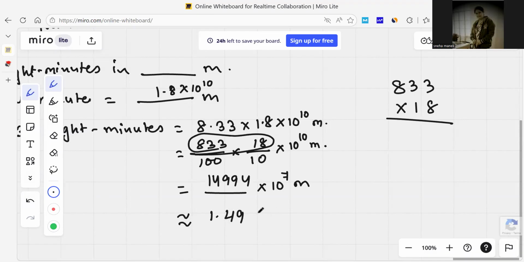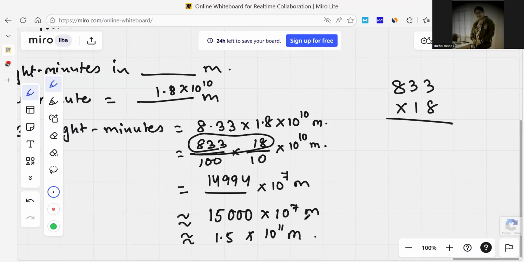So it can approximately be written as 15,000 into 10 to the power 7 meter. Since this is not the correct way of expressing it in decimals in metric form, we can write this as 1.5, and 4 places of decimals will increase here.